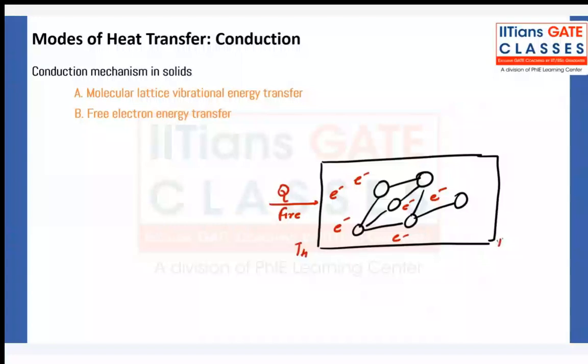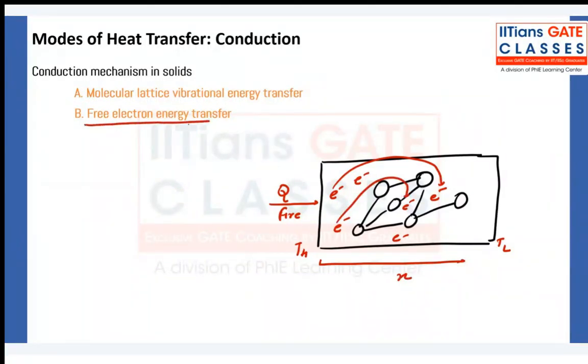The electrons' energy will increase, and they will jump from one side to the other and transfer energy in terms of heat to another electron. This is called free electron energy transfer.